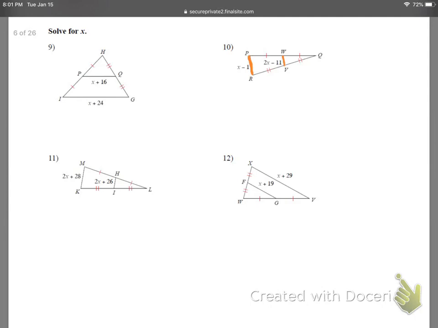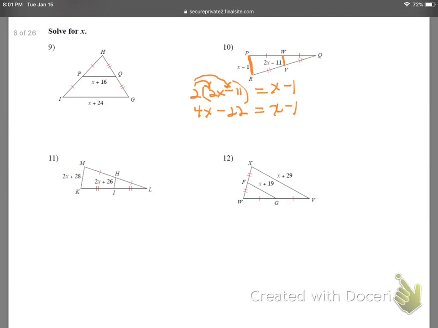So therefore, 2 times WV, which is 2 times 2x minus 11, has to equal x minus 1. Okay, now, you're going to run into problems if you don't distribute when you multiply. So this is 4x minus 22 equals x minus 1. Okay, so what are we going to do?